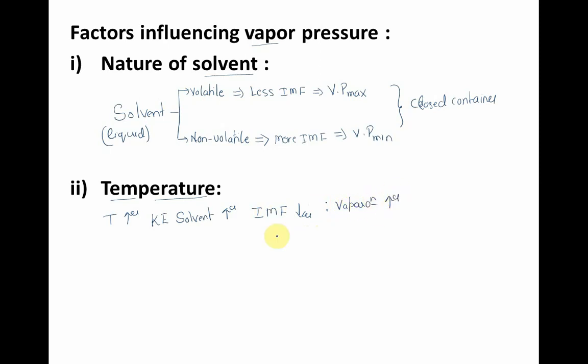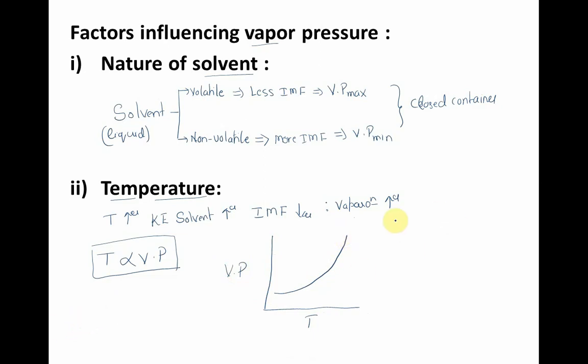So it indicates that temperature is directly proportional to vapor pressure, because more vapors will be there. Therefore, vapor pressure also increases. So if I plot the graph of temperature versus vapor pressure, we get a graph like this.